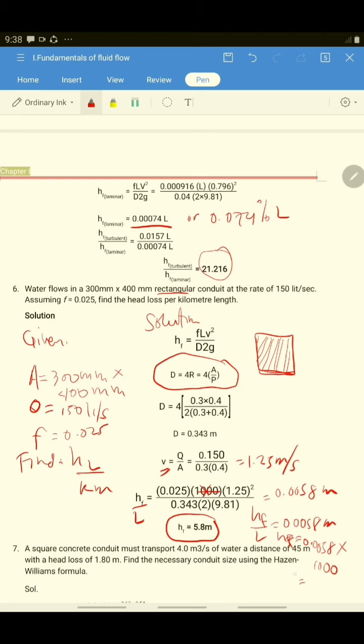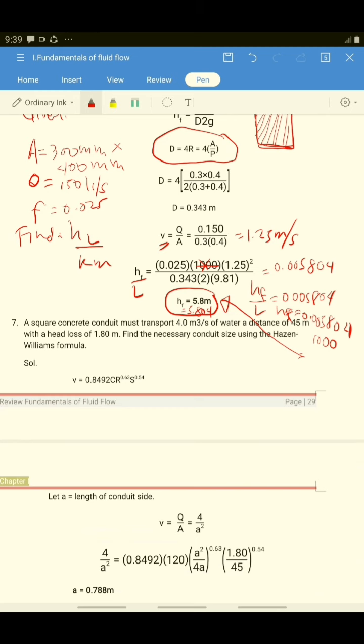So the answer is the same. You have 5.804. If you round off, that is 5.804. Okay, so you can have different solutions, but you can still get the correct answer.